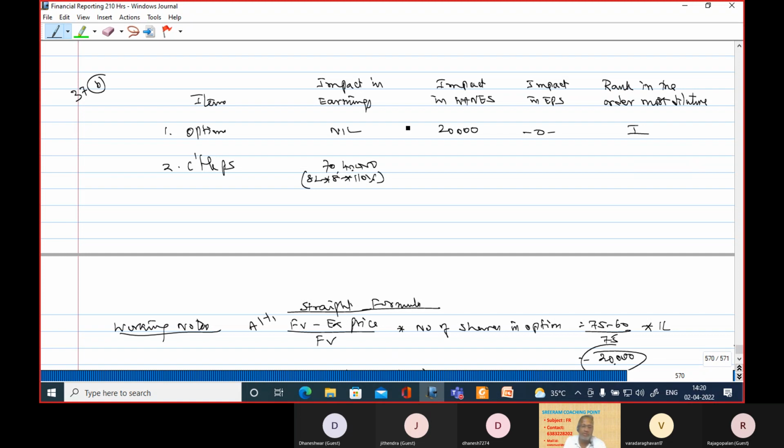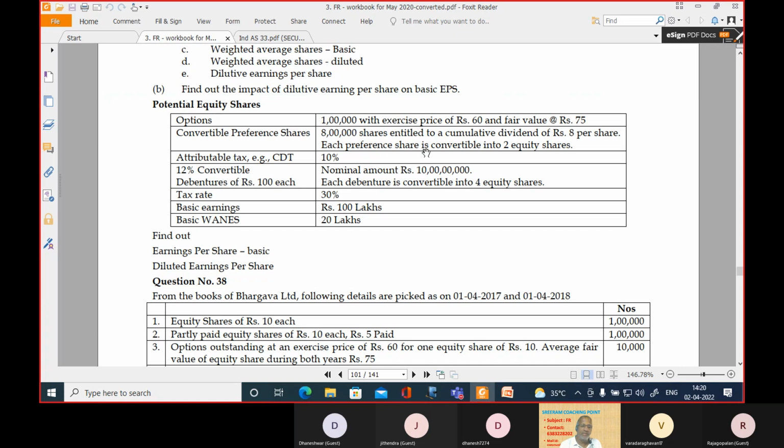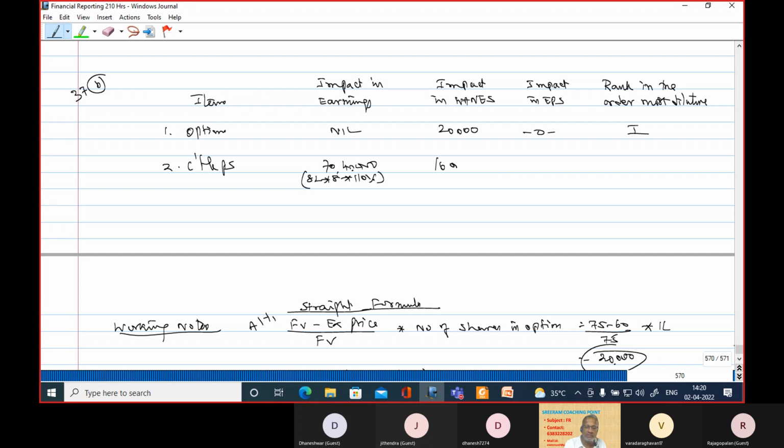Correct? So this much of preference dividend and outflow towards taxation all put together, this much of increase will be there in the earnings. So how much will be in the form of weighted average number of equity shares? Each preference share is convertible into 2. So 8 lakhs into 2, 16 lakhs. So 70 lakhs 40,000 divided by 16 lakhs, 4.40. I can't rate it as second or third unless I know something more about convertible debentures.